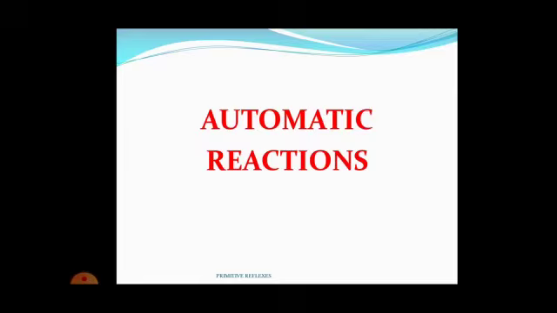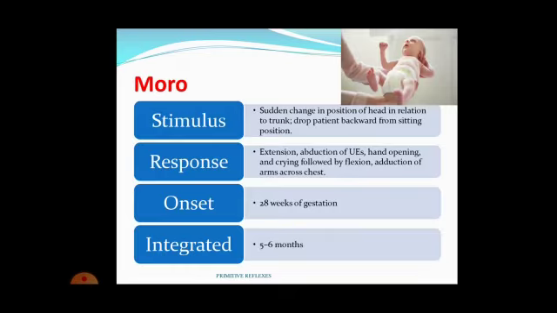Now after this, a few literatures classify a few reflexes as automatic reactions or automatic reflexes. So which are they? First is Moro's reflex. It has survival value, or we can say that it is for protection. So what will be the stimulus? As we can see in the figure, the child is held in the examiner's hands, and there is a sudden change in position of the head in relation to the trunk.